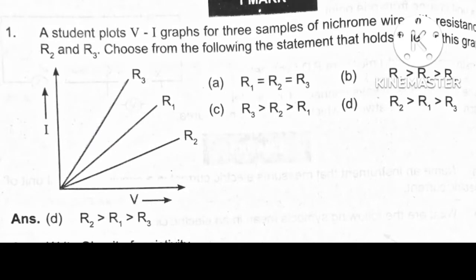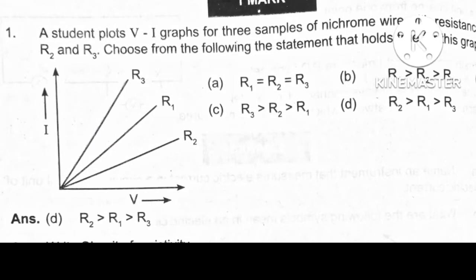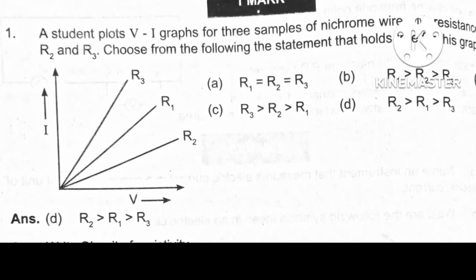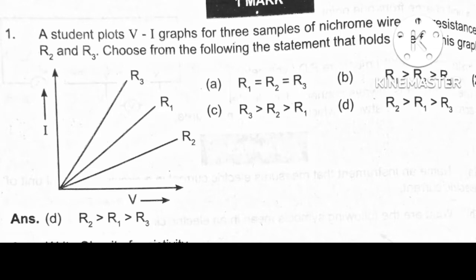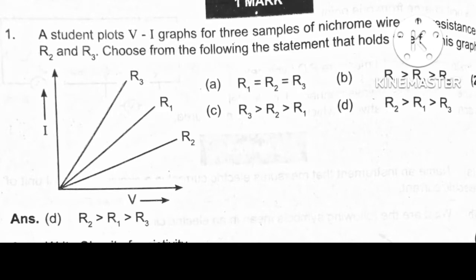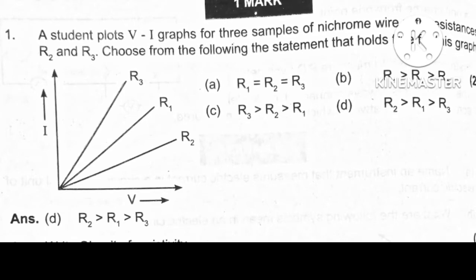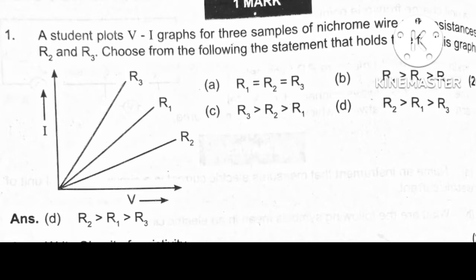The next question is from the year 2020. This is a 1 mark question. The question is, a student plots VI graphs for 3 samples of nichrome wire with resistances R1, R2 and R3. Choose from the following the statement that holds true for this graph. Here we can see the graph, which is drawn by taking voltage along x-axis and current along y-axis, and the R1, R2, R3 are marked here.